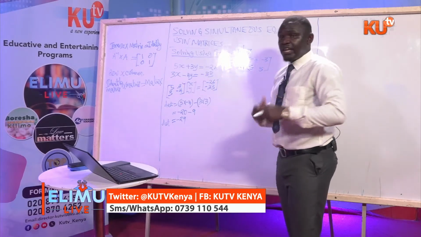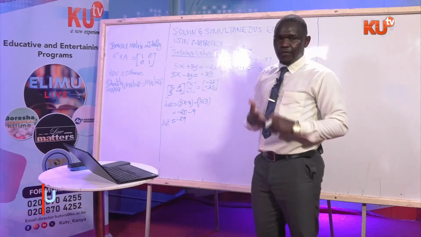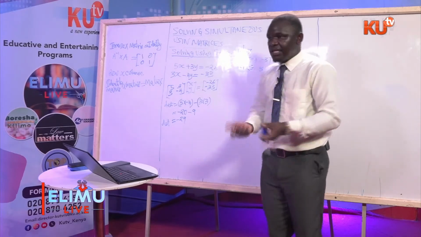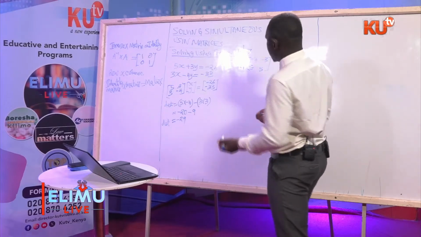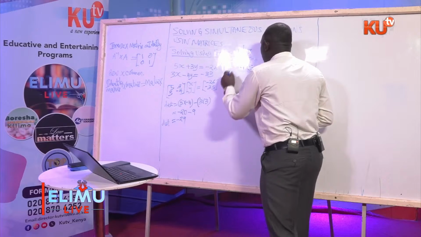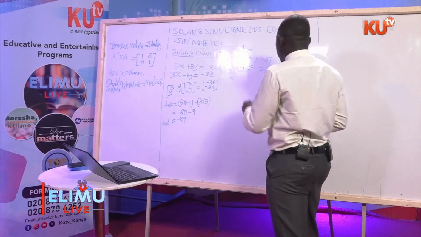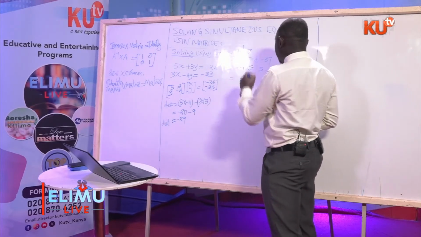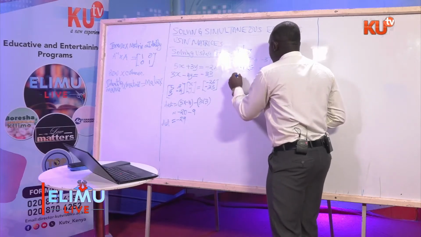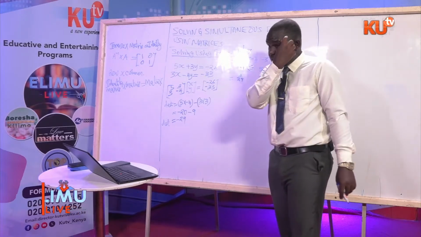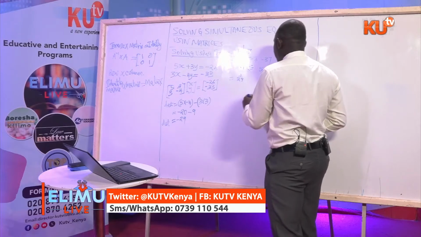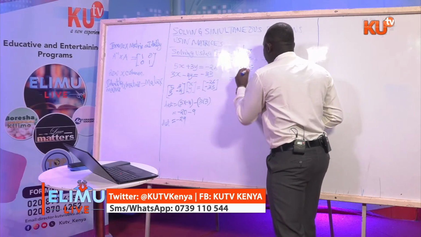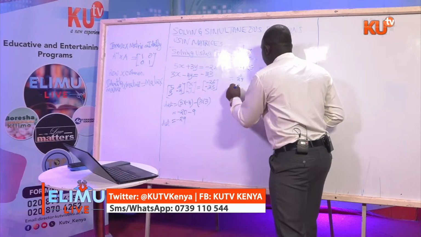I've told you, if in an exam you are asked to get the inverse of a matrix, if you leave it like this, you are still correct. But if you find you've got time and you trust yourself a lot, you can work it further by multiplying it out, by opening the brackets. 1 over negative 29 times 4, we are going to get 4 over 29, because negative times a negative number becomes a positive number. Then 1 over negative 29 times negative 3, we are going to get 3 over 29.